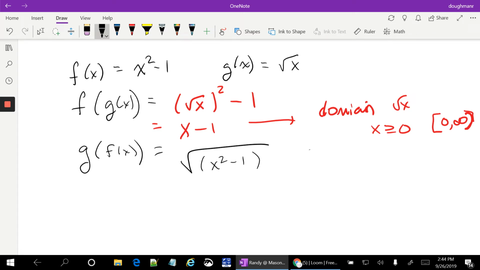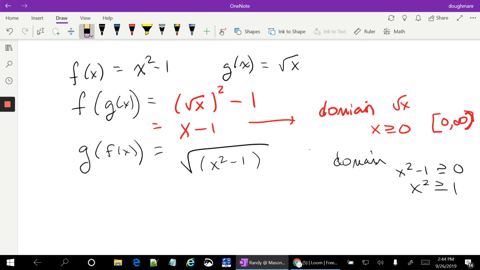Now I have to look at this and say, well, I can't take the square root of a negative number, so domain, I have to say x squared minus 1 has got to be greater than or equal to 0. x squared has to be greater than or equal to 1, which means x itself has to be, oh, now we got two problems here.